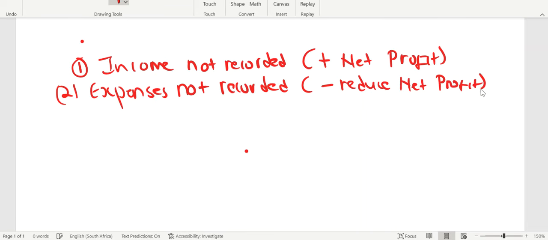These are some of the things that you need to pay attention to. And then number three, for example, prepaid expenses. These are some of the things that always appear when you do the correct net profit.